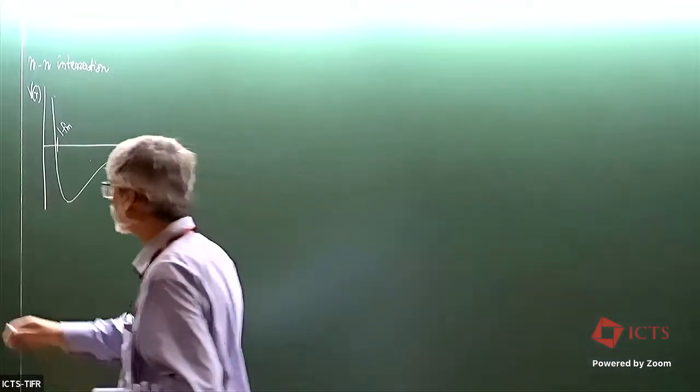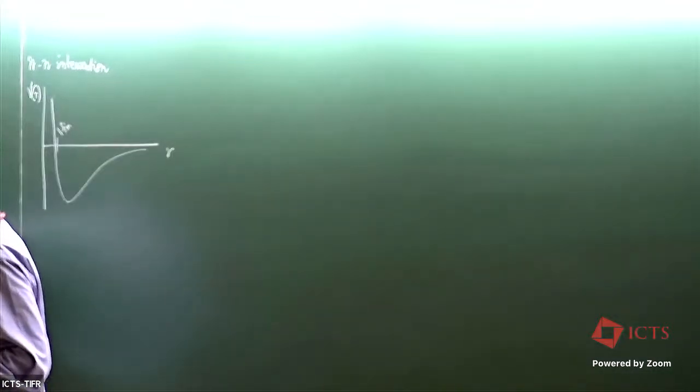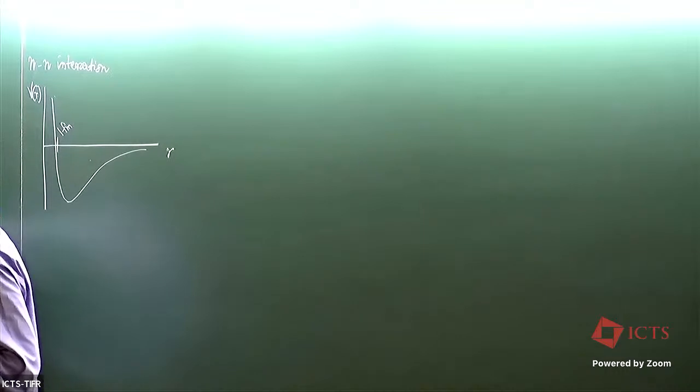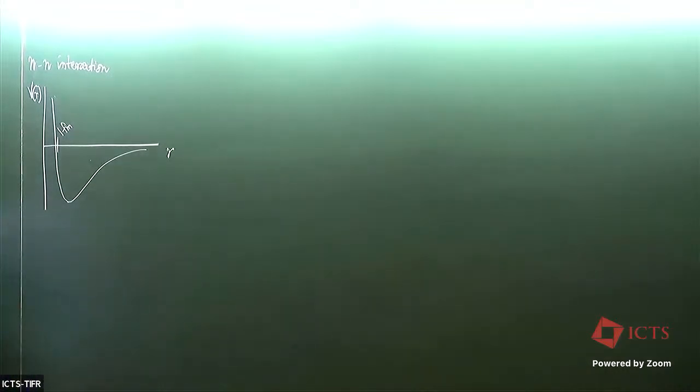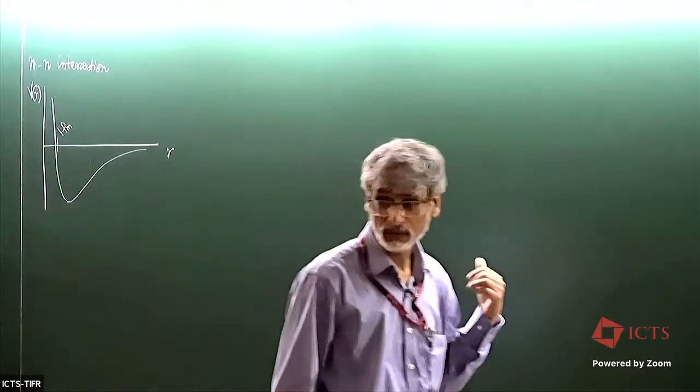So the description of a neutron star requires the equation of state which is very cold and very dense.